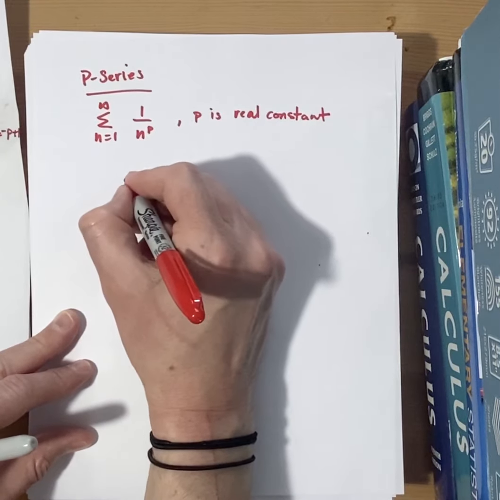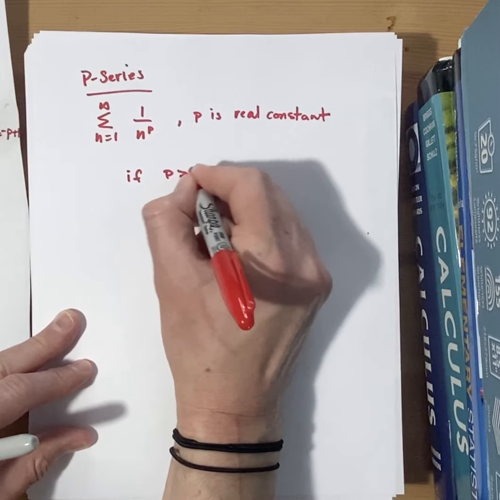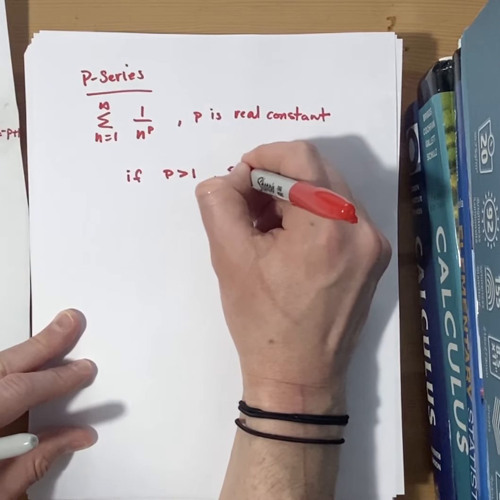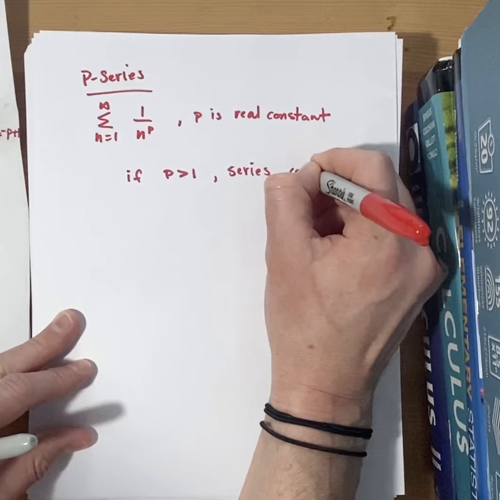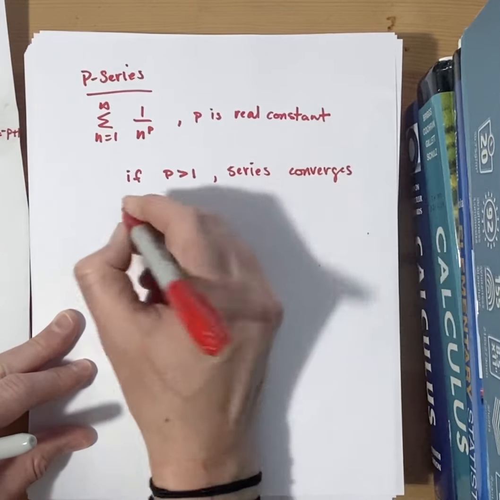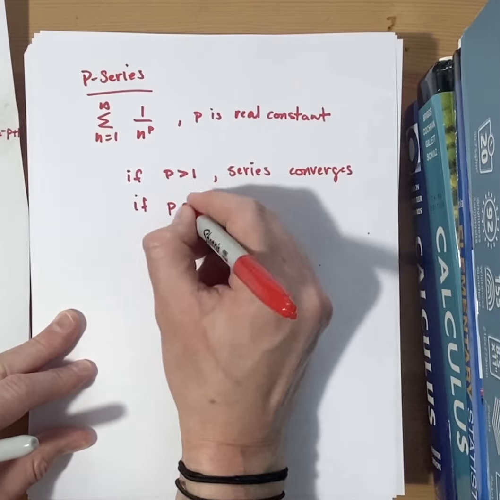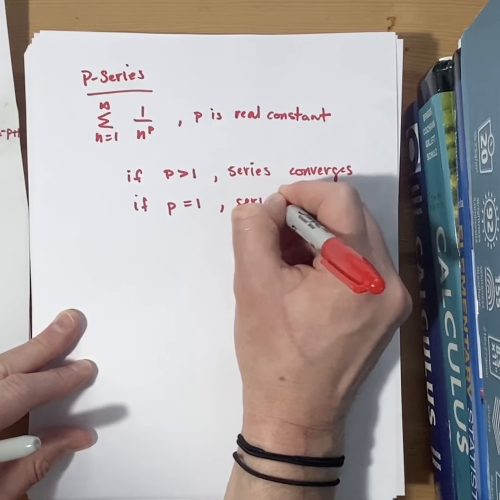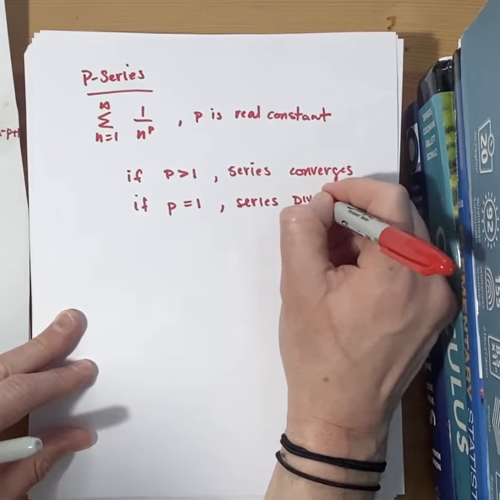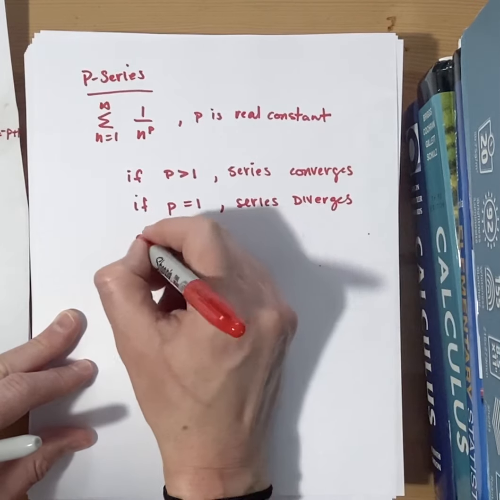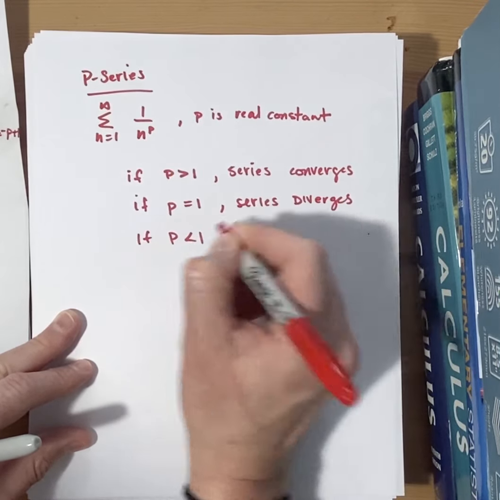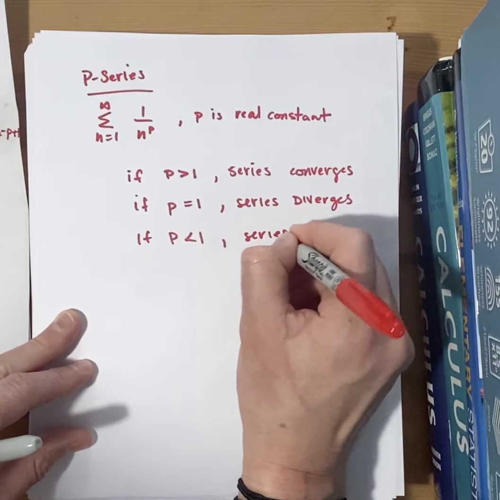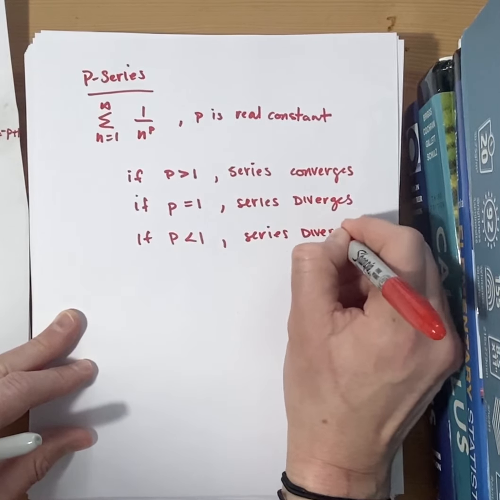If P is greater than 1, the series converges. If P is equal to 1, the series diverges. And if P is less than 1, the series also diverges.